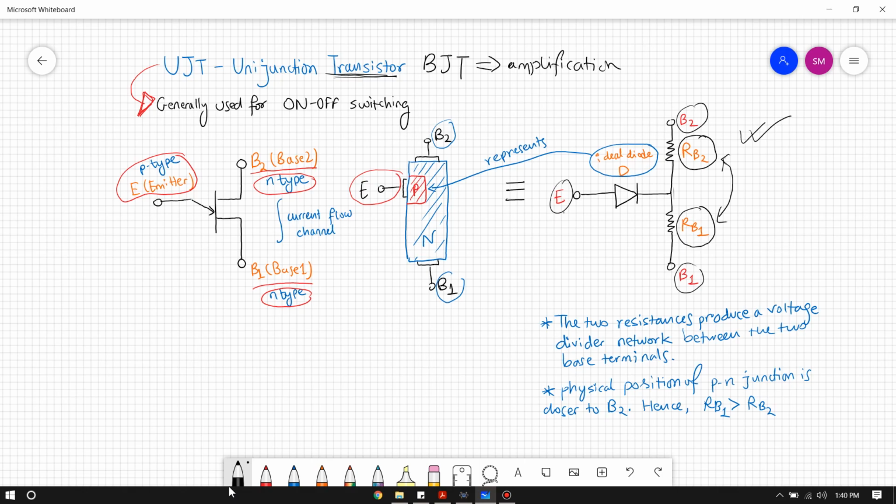Now, at the emitter side, you remember that the emitter is P-type, right? Because there is a PN junction there, we can represent this PN junction by an ideal diode. Okay, so from the emitter to the two bases, we have an ideal diode, and this represents the PN junction. Okay, so this is the structure of our UJT.